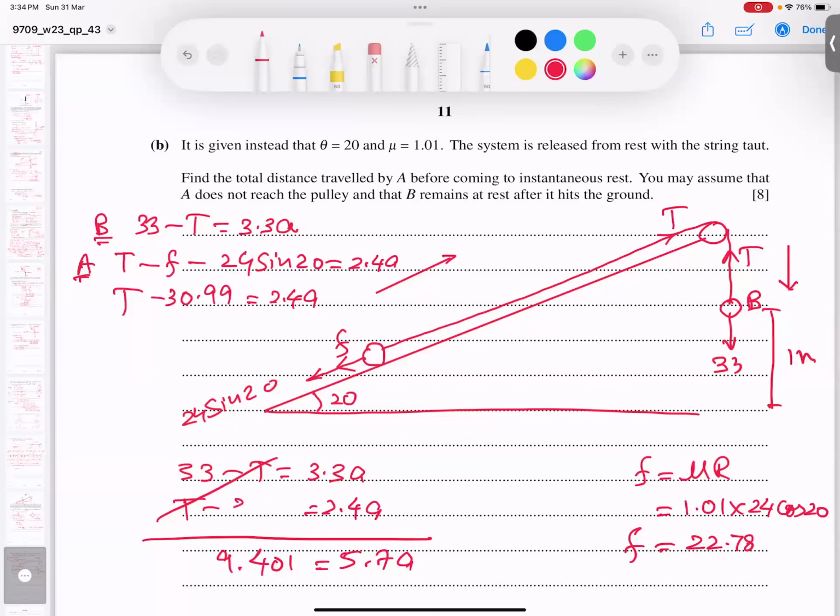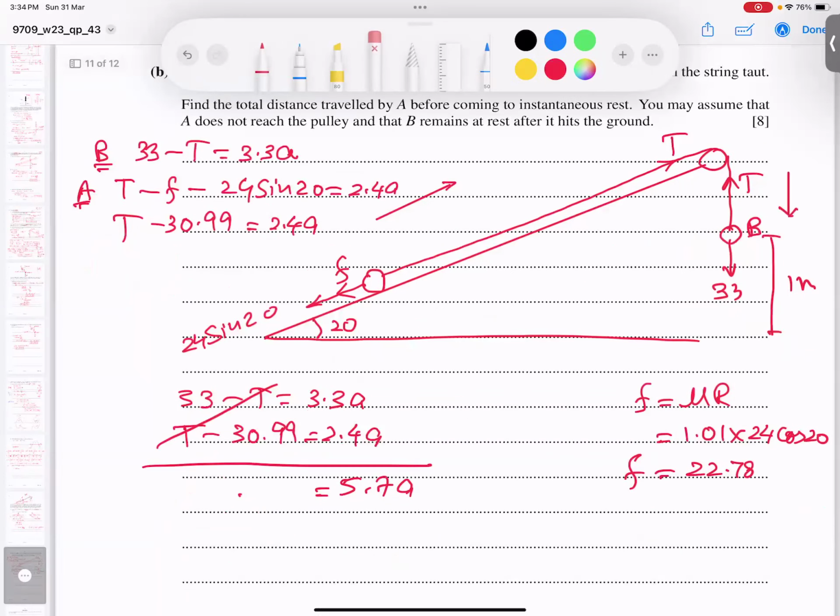Now if I type in the calculator and subtract this from 33, I get 2.0115, divided by 5.7, and I'm getting here 0.353 meters per second squared. So I think this part is clear.